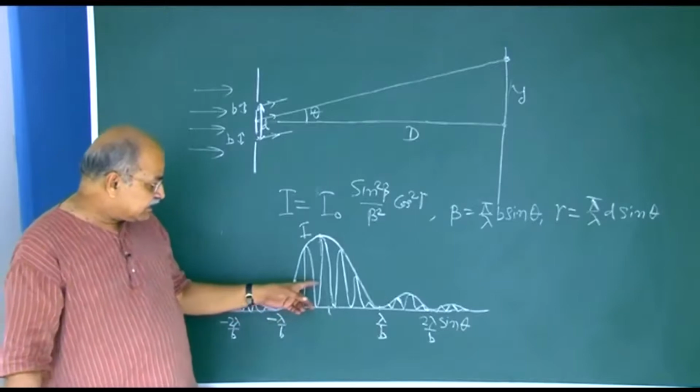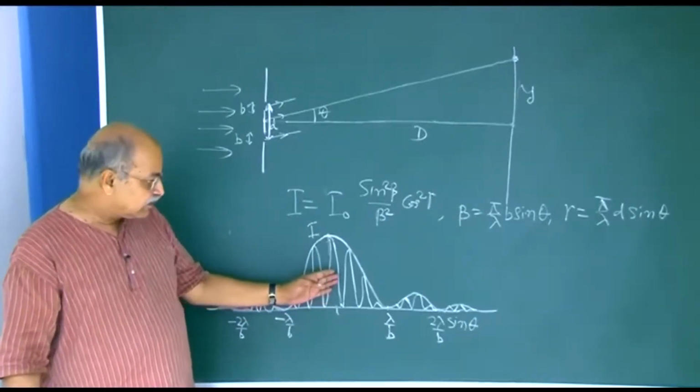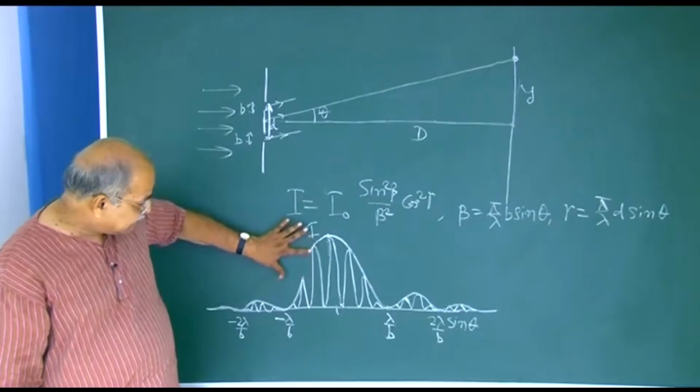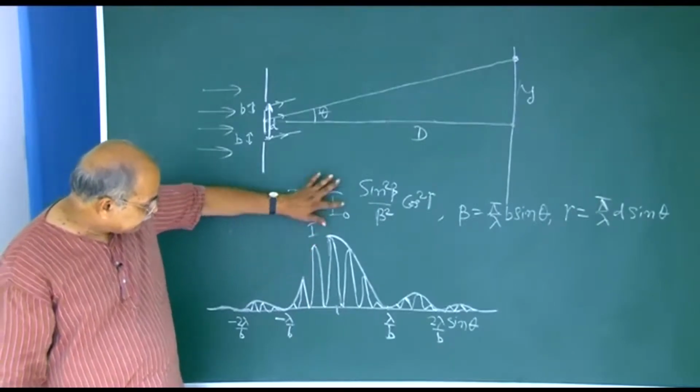The intensity variation is given by this inner line. If you wish, you can remove that outer envelope, and this gives you the intensity.